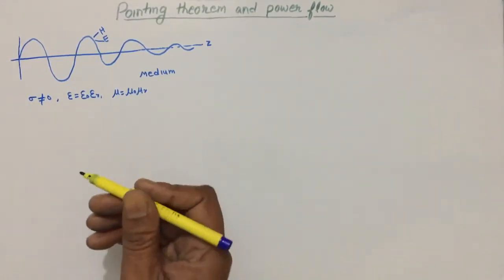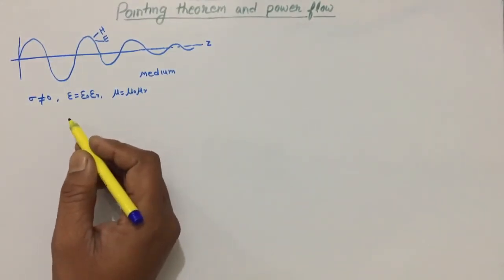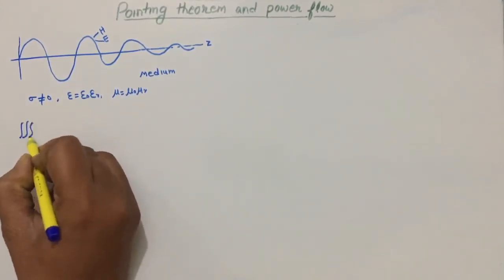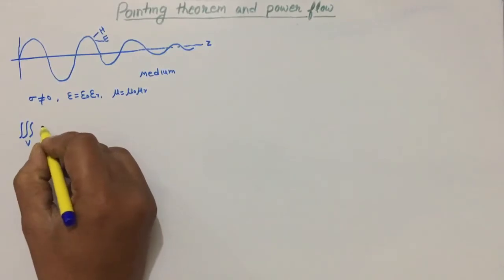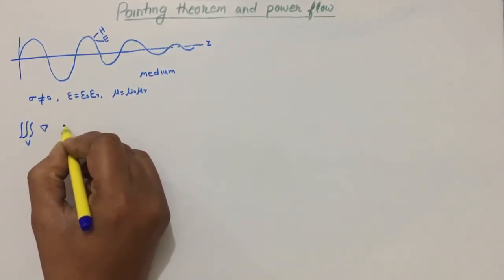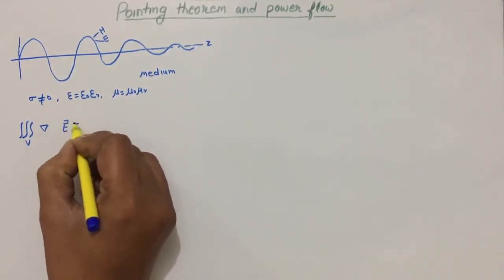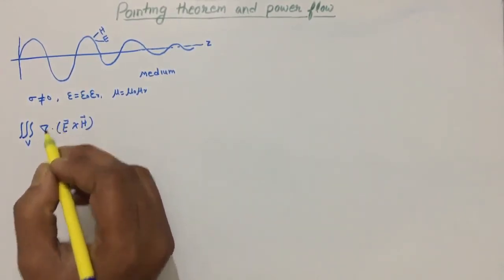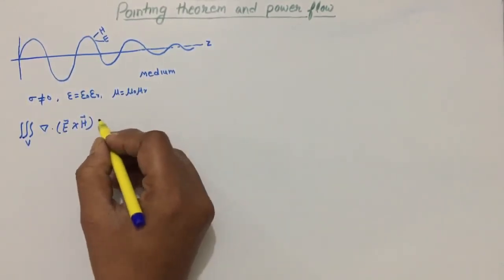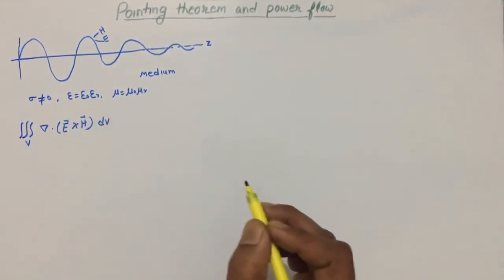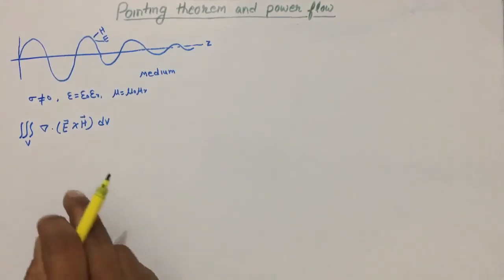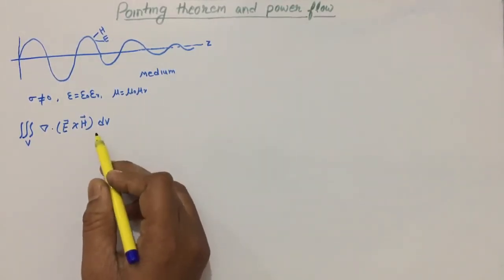So the power flow outside of the volume of the medium, we derived or found, was del dot E cross H. This was the power flow outside of the volume of the medium. Now we found it for a given volume.